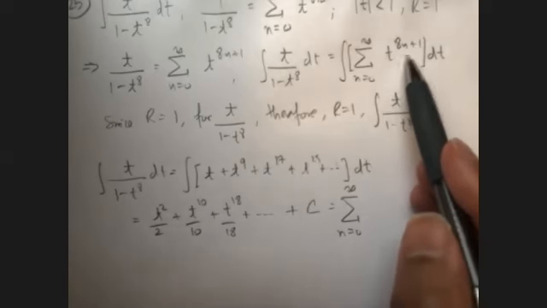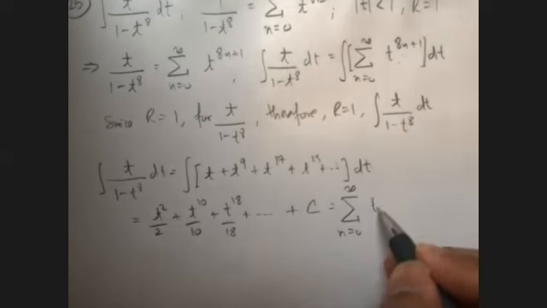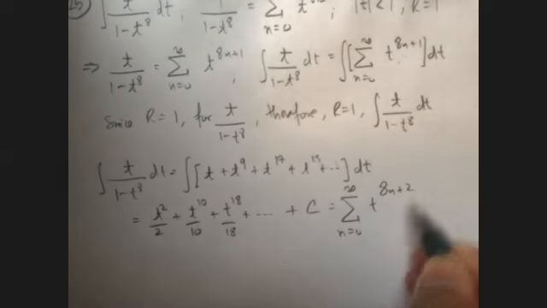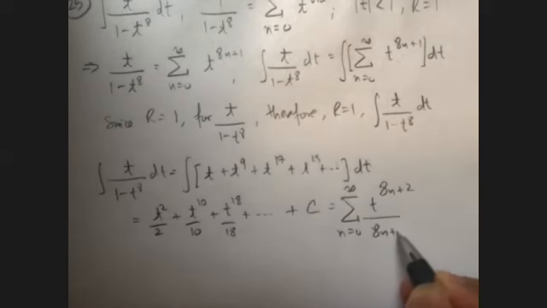So if we integrate this power, we will have t to the 8n plus 2 over 8n plus 2 plus c.